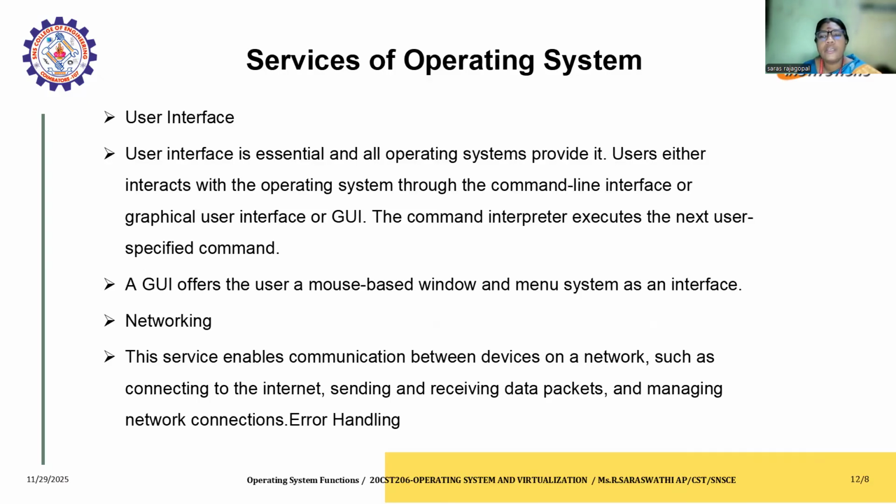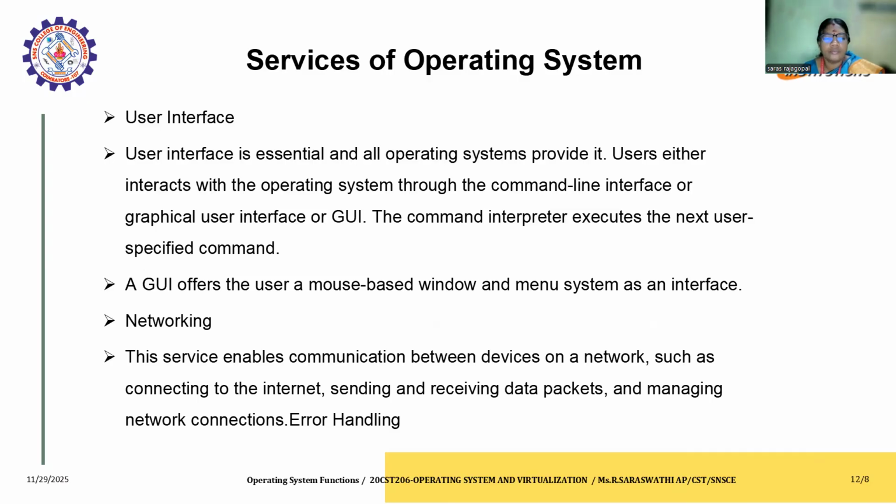The command interpreter executes the next user-specified command. The graphical user interface offers a mouse-based window and menu system as an interface. Networking performs communication between devices on a network, such as connecting to the internet, sending and receiving data packets, and managing network connections.